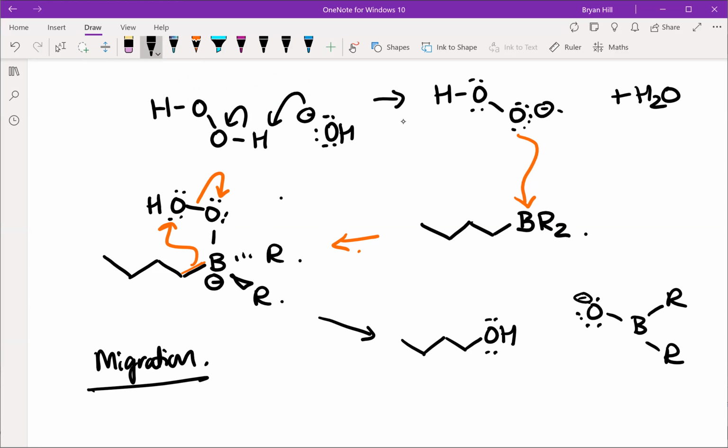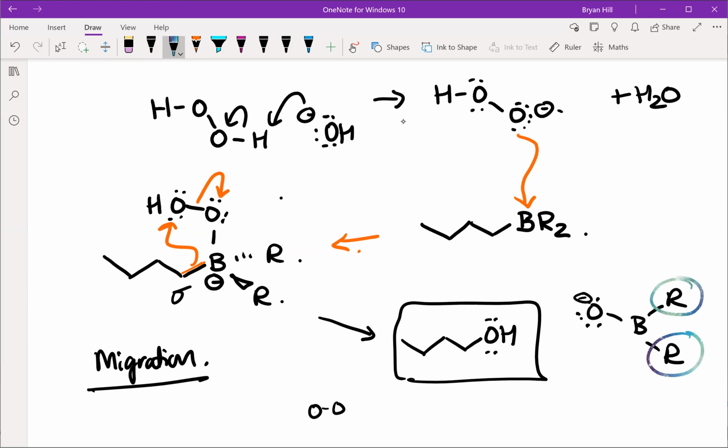So instead of having a negative charge on an atom which isn't electronegative, it's now on oxygen. And so the electrons in the sigma bond attack the oxygen, and you just break that peroxy. The oxygen bond isn't particularly strong, and so you end up making your alcohol. And if you started with a trialkyl borane, a similar reaction would take place on each of these R groups. That would be what's going on there.